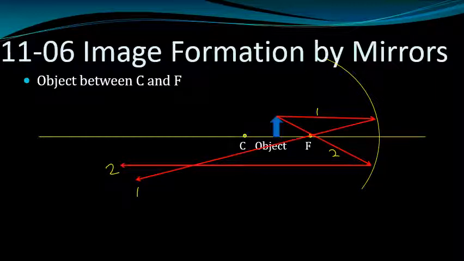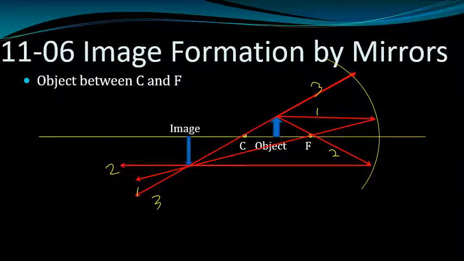Ray 3 starts at the top of the object and goes through C. Well, C is the wrong way, so we're just going to connect from C to the top there. So you draw a line so it goes all the way, reflects straight back. So that's ray 3. And you can see they all meet nicely right there for the image.